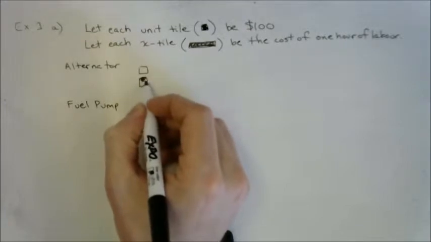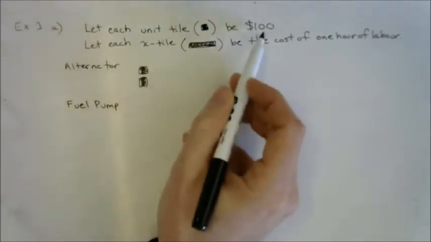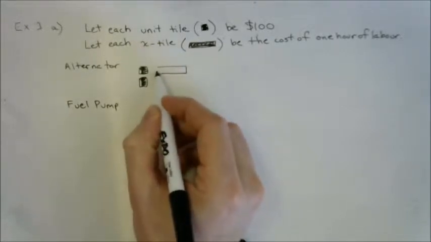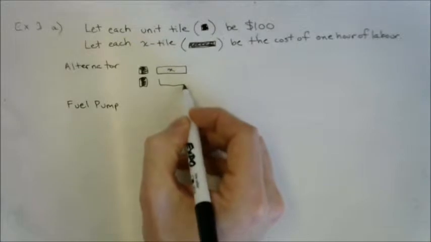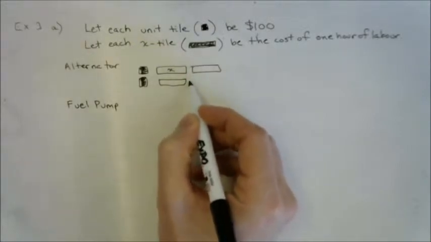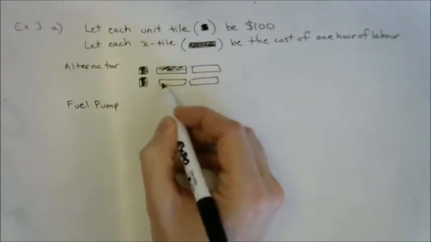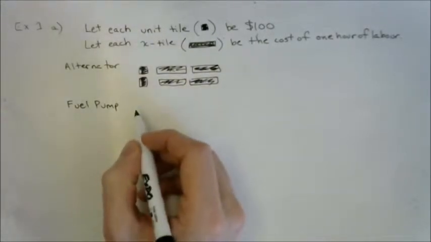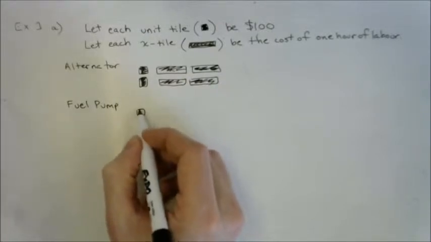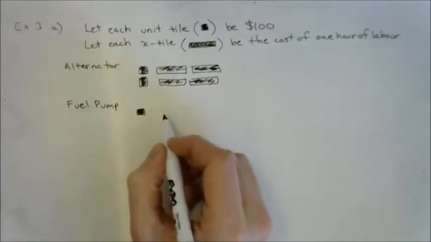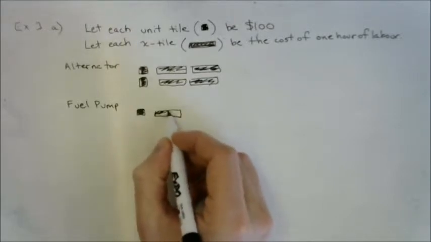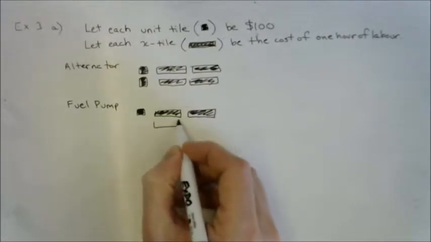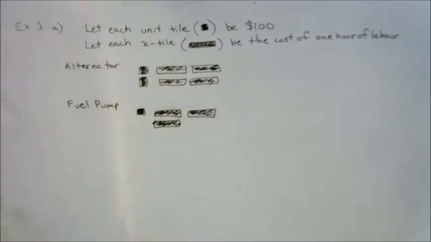So you should have 2 of these unit tiles, each of them worth $100. And it's going to cost 4 hours of labor, so we have 4 unknown values here. These are all colored in as x bars. They're positive x. Then for the fuel pump, the part costs $100, and it costs 3 hours of labor. However you arrange that, something like that is okay. If you want to do it all in a row, that's fine too.